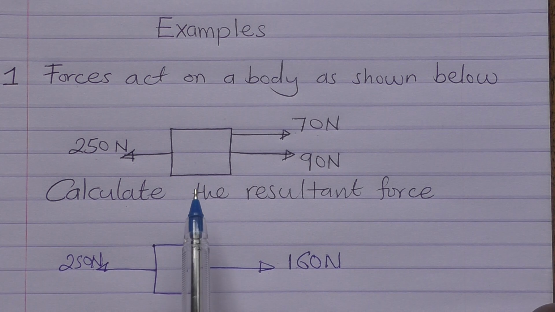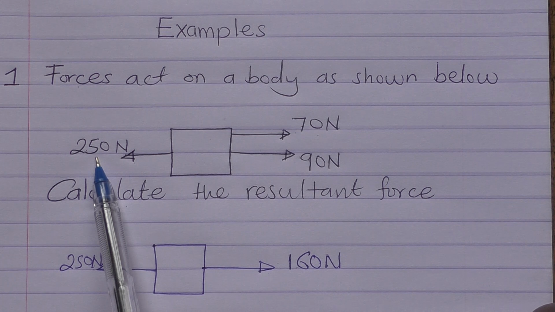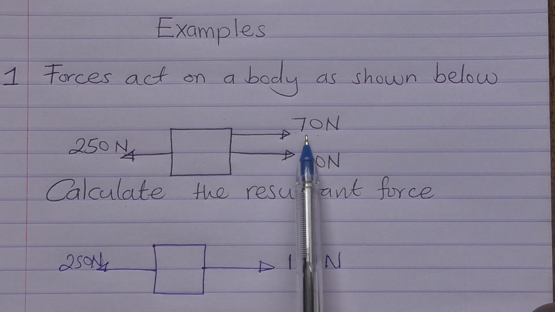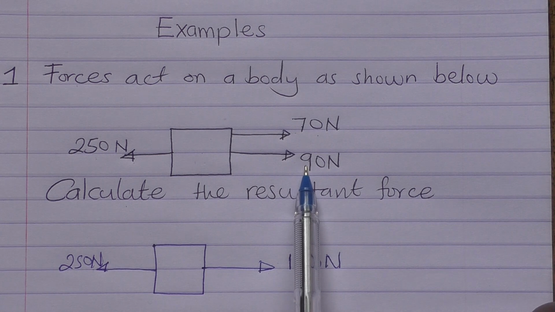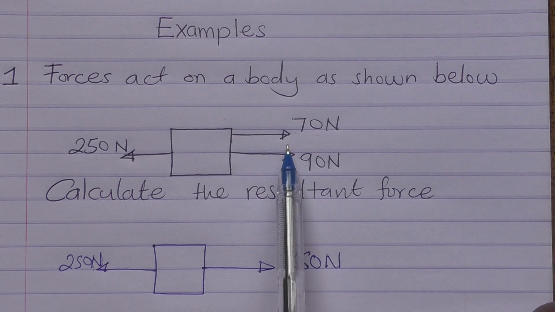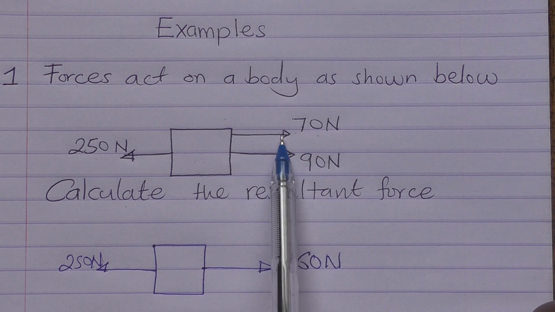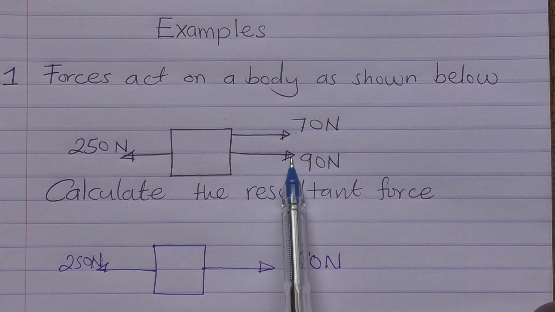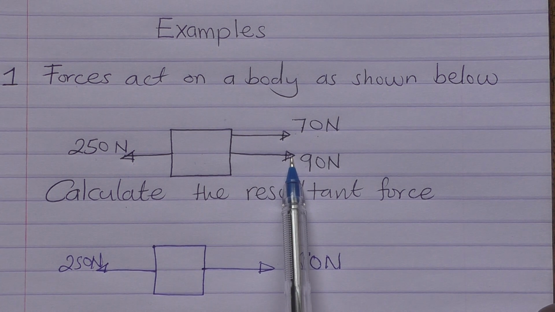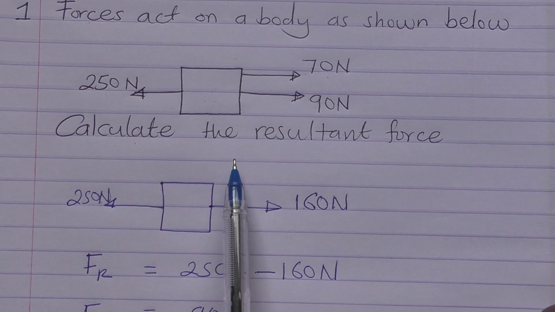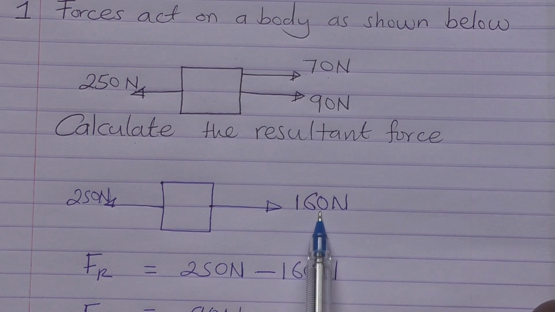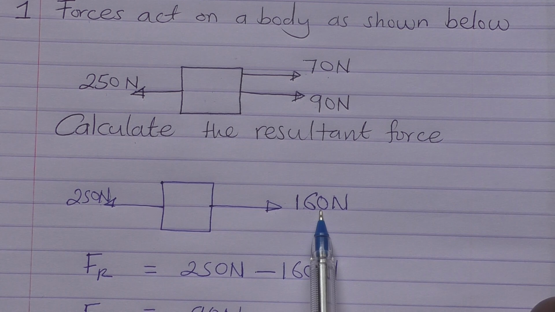We have three forces acting on the same body, that is the 250 newtons and the 70 newtons plus the 90 newtons. These two are acting in the same direction, and therefore from the first case we saw that when two forces are acting in the same direction, we add them, and that will give us the resultant in that direction as 160 newtons.